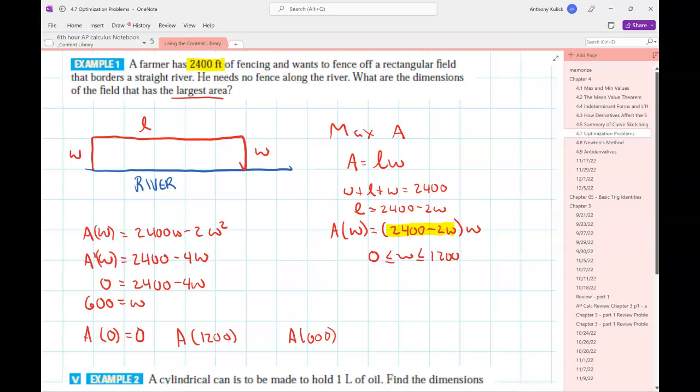Not into A prime, but into A. If I plug 1200 in for A, what do I get? Zero. Okay. And if I plug 600 in, I get 720,000.